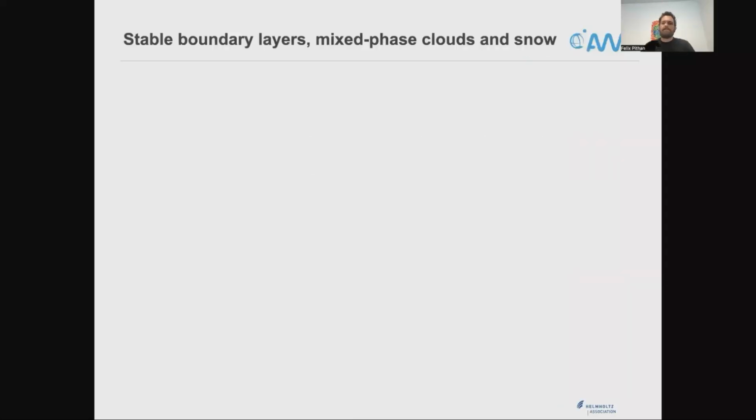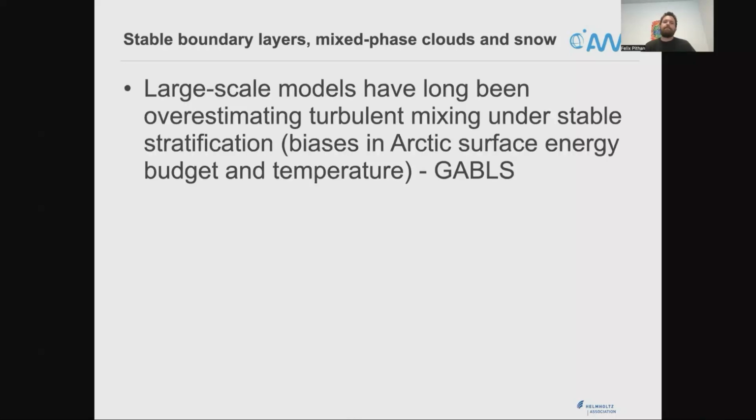So I think that three of the core issues for representing the high-latitude boundary layers, and thus high-latitude climate, in climate models are related to stable boundary layers, mixed-phase clouds, and the representation of snow and sea ice. We have known for years that large-scale models tend to overestimate turbulent mixing under stable stratification.